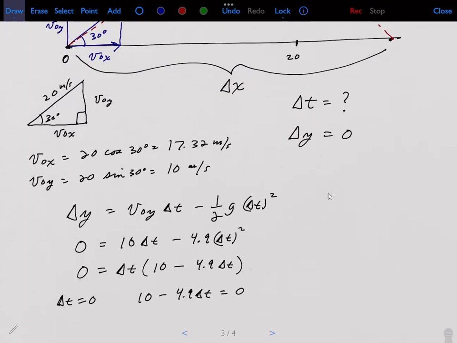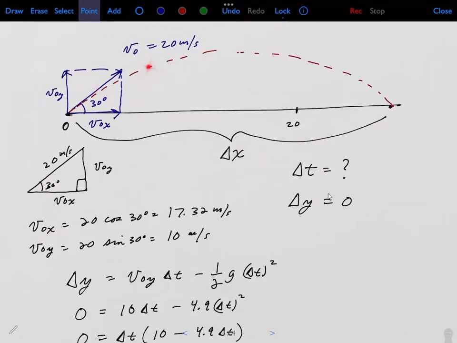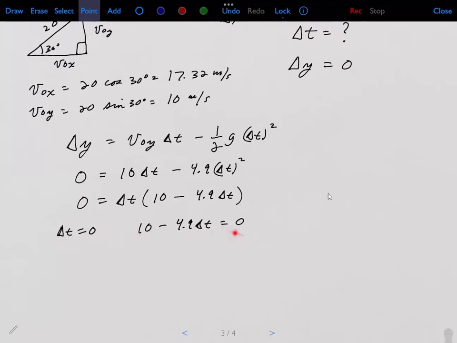The first solution just says that the football will be at 0 height. It'll be the height that it leaves at and the height that it lands at will be the same in 0 seconds, which is a solution that we don't want, a trivial solution. We want the one where the final height is the same as the initial height, but we want this time. So that's going to be this solution here.